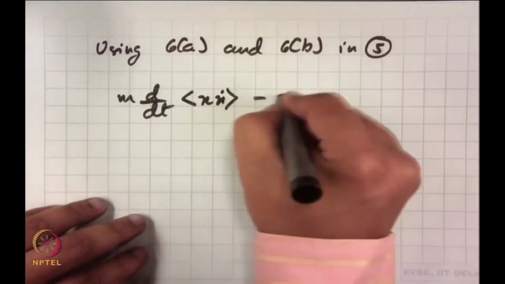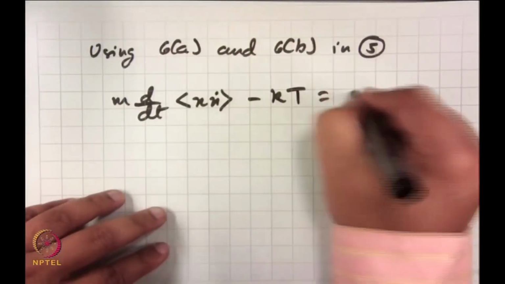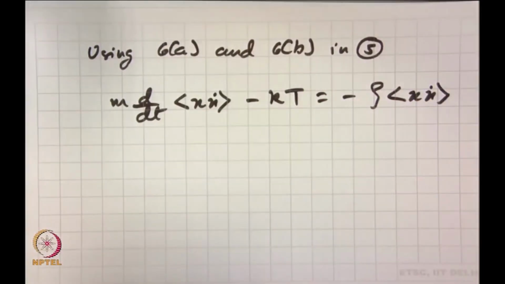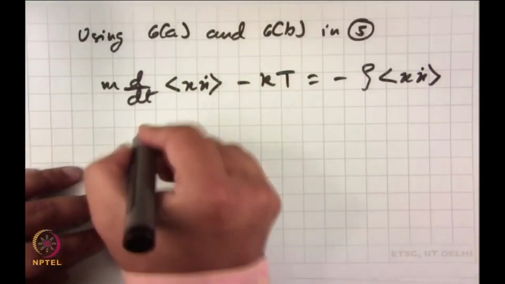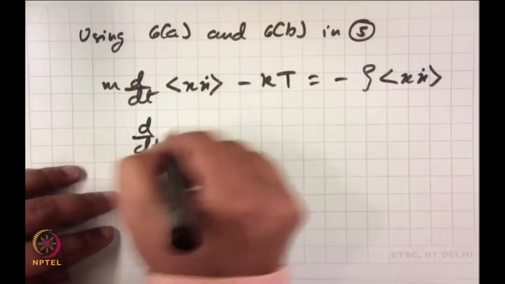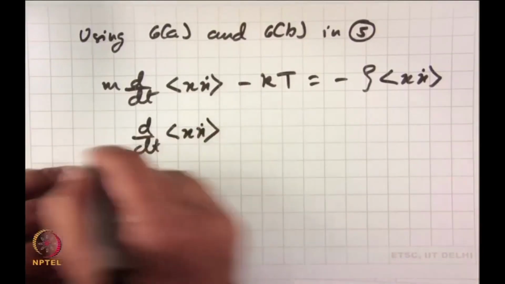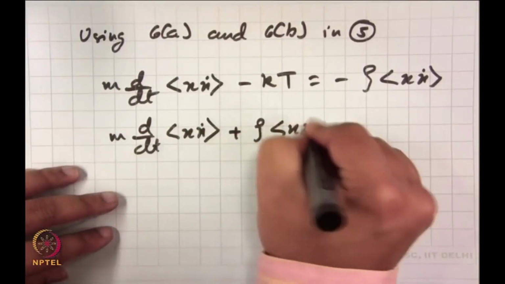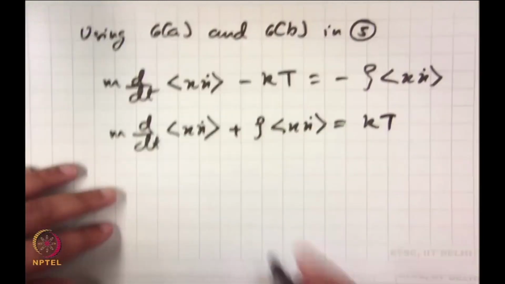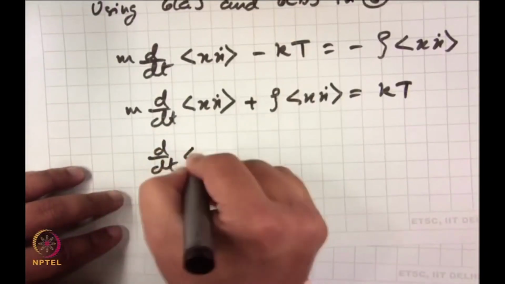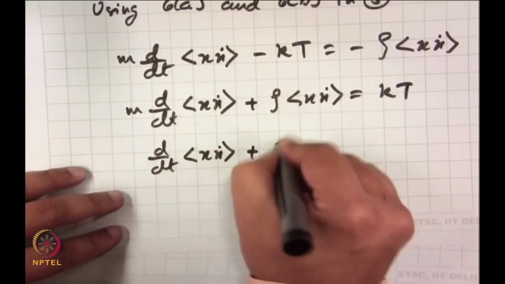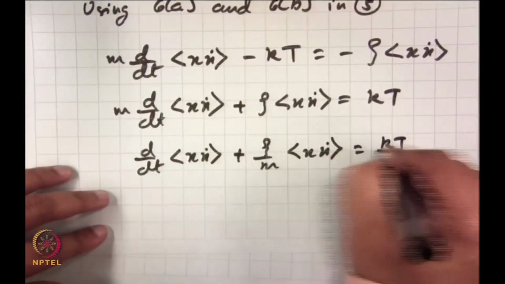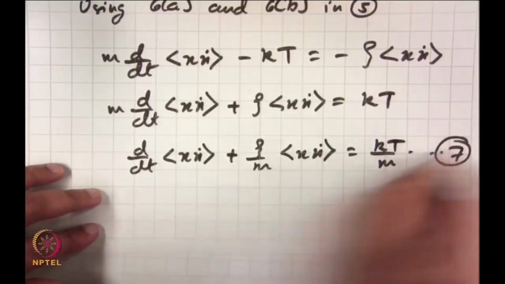So, this would be equal to minus k t, should be equal to minus xi x x dot, okay, or further simplification gives me d of dt x x dot m plus xi x x dot is equal to k t, or d of dt x x dot plus xi by m x x dot is equal to k t over m, and this is equation number 7.